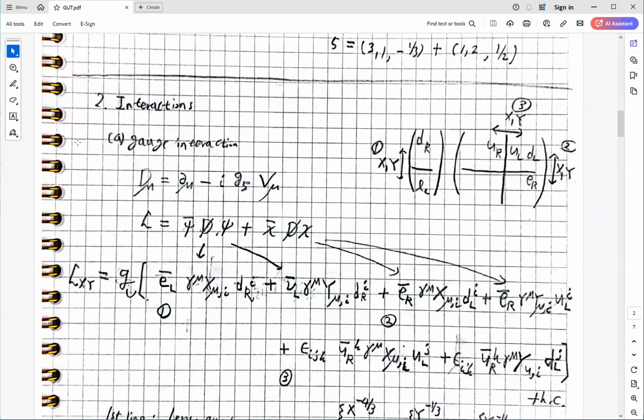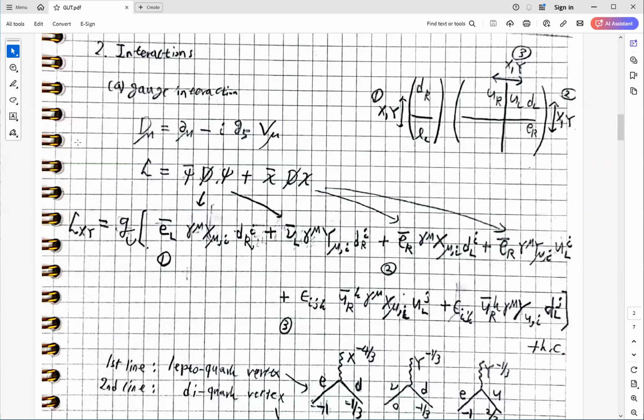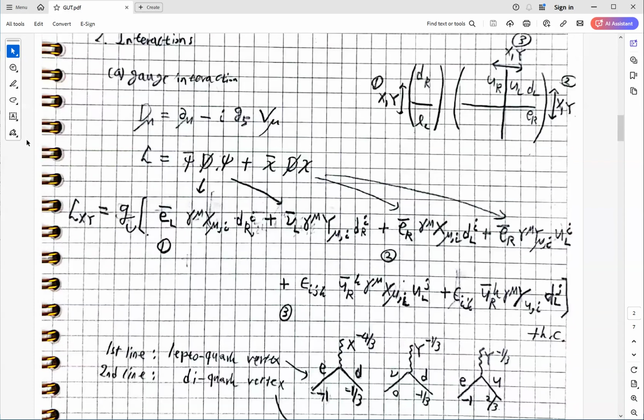The first one is gauge interactions. Similarly, they use the covariant derivative, the unified coupling g5, and the gauge boson 5 matrix. And these covariant derivatives are inserted between the 5 bar representation of fermion psi and the 10 representation of fermion chi. And we want to focus on the interaction term of the XY gauge boson.